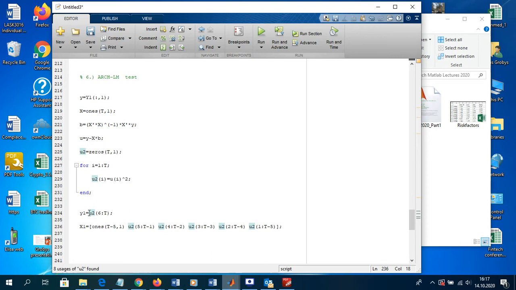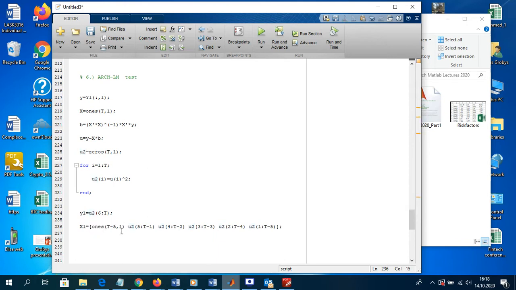We regress the vector of squared residuals on lags of the squared residuals, including, of course, a vector of ones. You can think of it like this: under the null hypothesis, these coefficients are 0, because if they are 0, then only the intercept term would be significant.